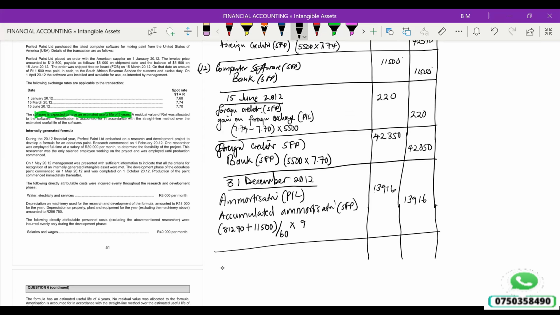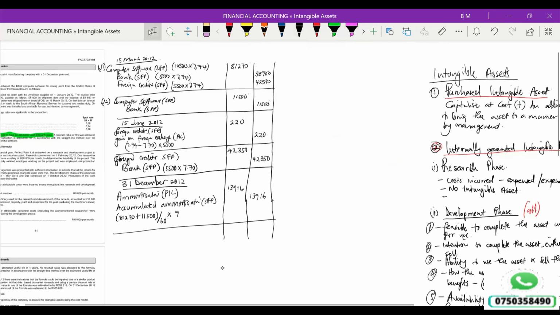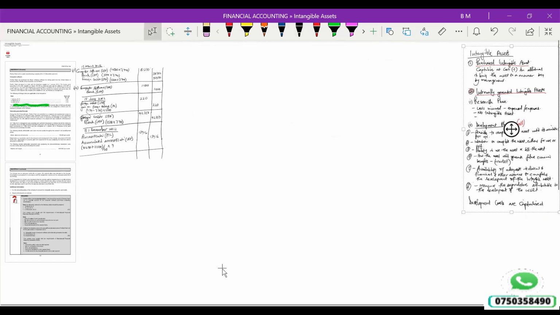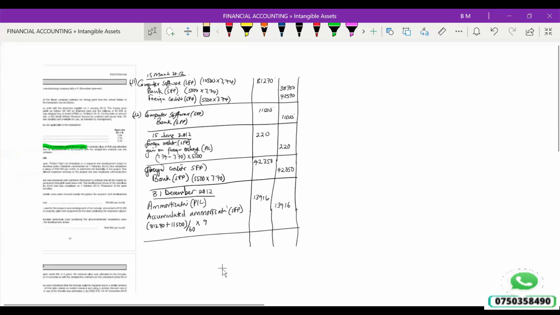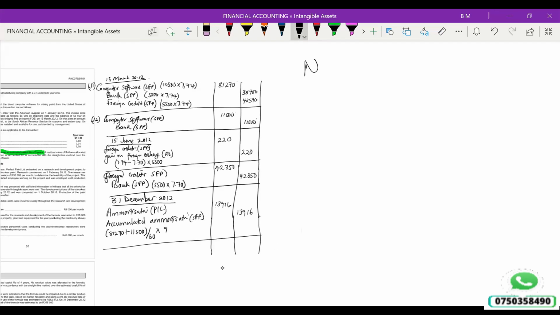Okay. Then I'm going to go to my note. So I'm going to have the notes, and I'm going to have intangible assets.